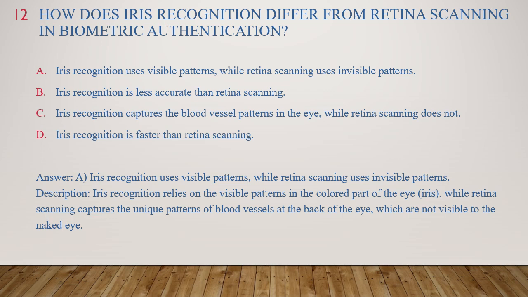Another point of difference is the level of invasiveness, with iris recognition being a non-invasive procedure that simply requires capturing an image of the eye, whereas retina scanning involves exposing the eye to infrared light for capturing the unique blood vessel patterns. Both methods have their strengths and weaknesses in terms of accuracy, speed, and user experience, making them suitable for different applications based on specific security and convenience requirements.